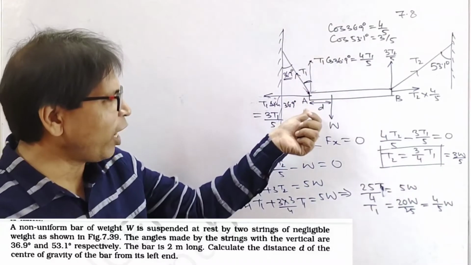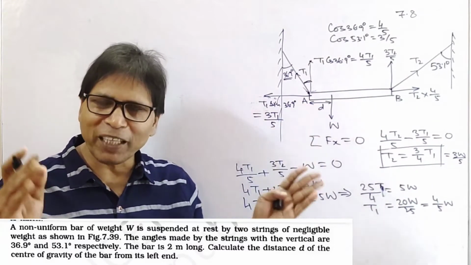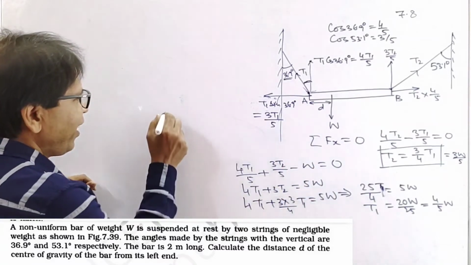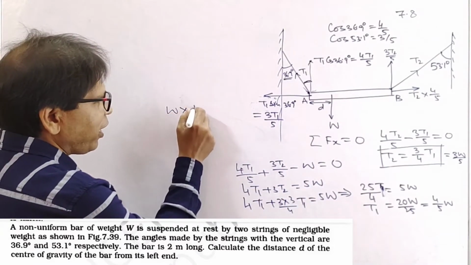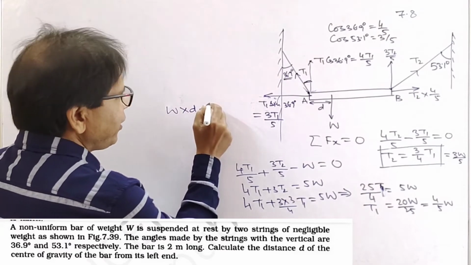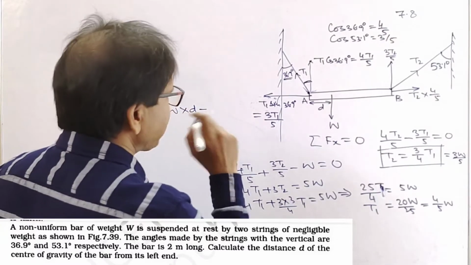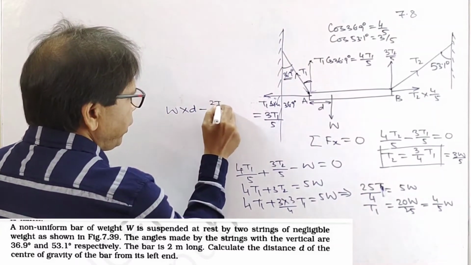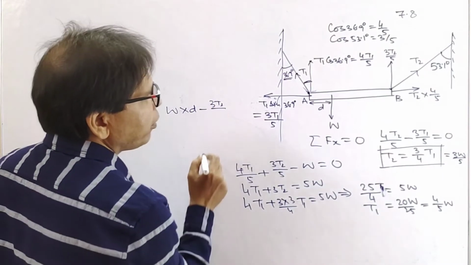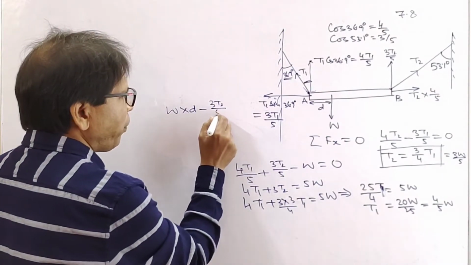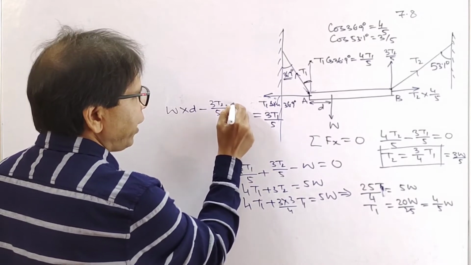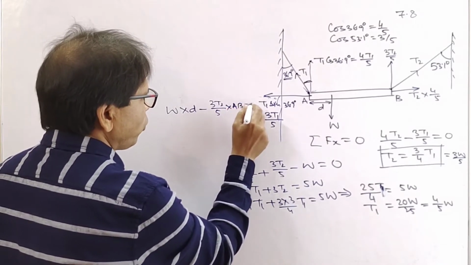Okay, now considering torque with respect to A: W into d minus 3 T2 by 5 into AB equals 0.